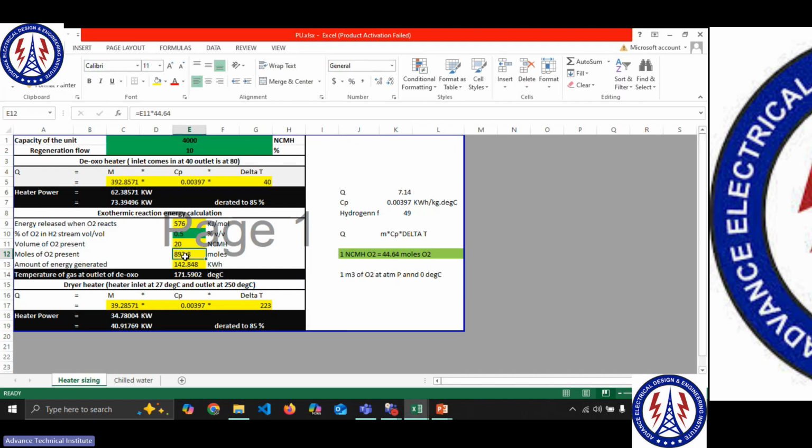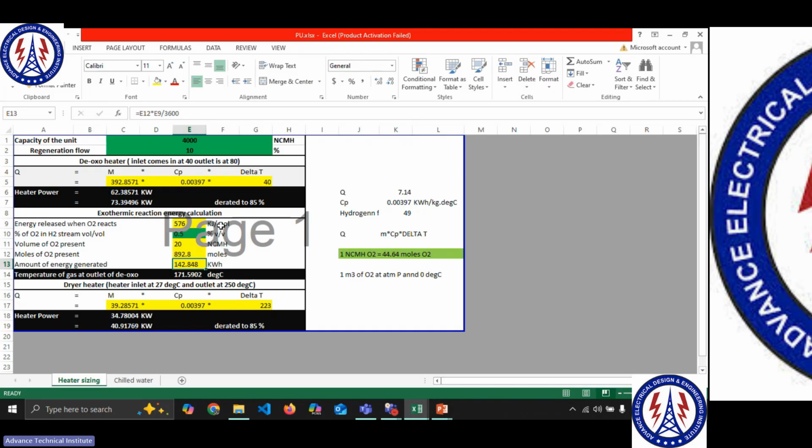This is the moles into energy. Energy is kilojoule per mole, but I have to convert it in terms of kilowatt hour. So I am dividing it by 3600. Unit conversion. I am converting kilojoule to kilowatt hour.